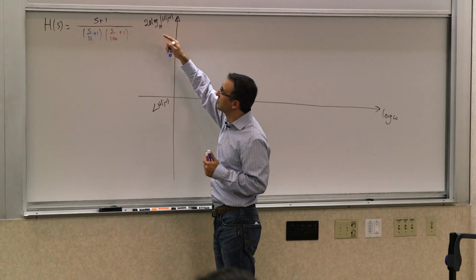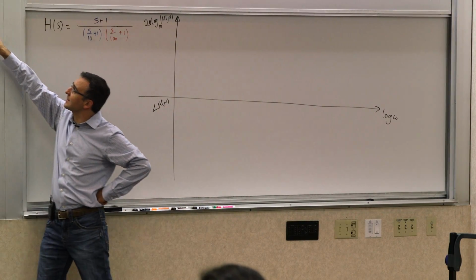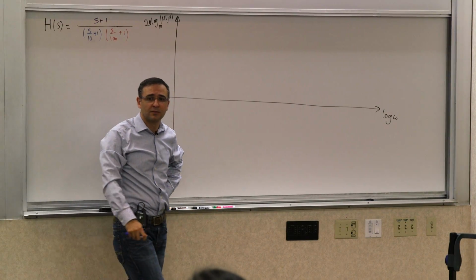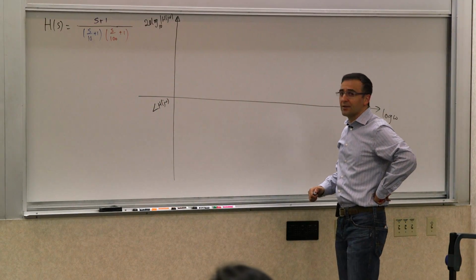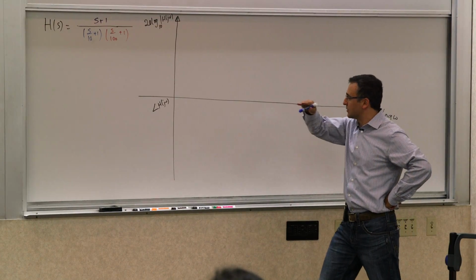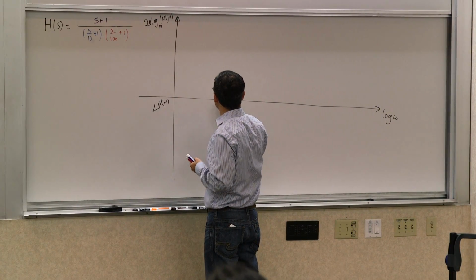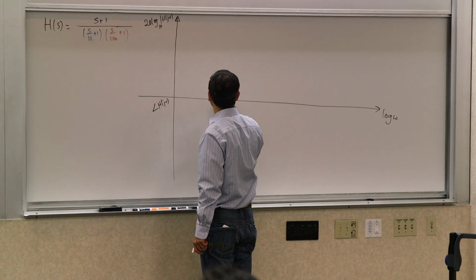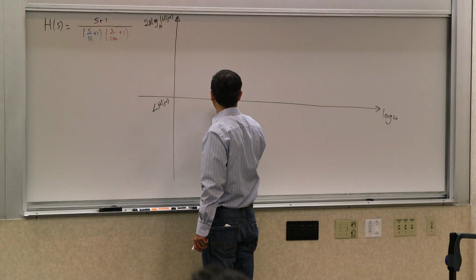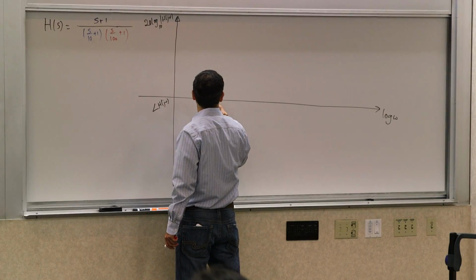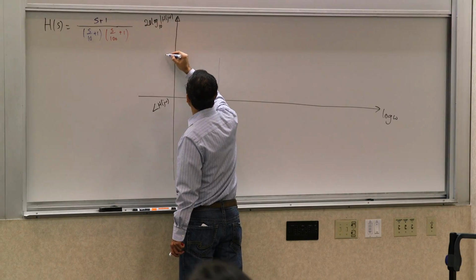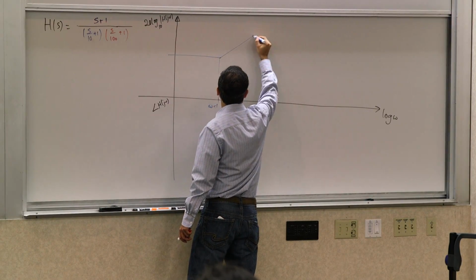So at very low frequency, we've done this, right? This is case number 2, the one with the zero. So what does that look like? What are the two asymptotes? So at omega being 1, let's put it here. Let's say this is 1, log of 1, really. So this is omega of 1. At this point, you have something that basically comes in and goes up.